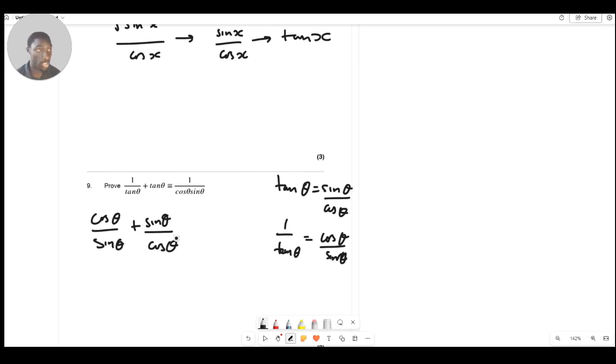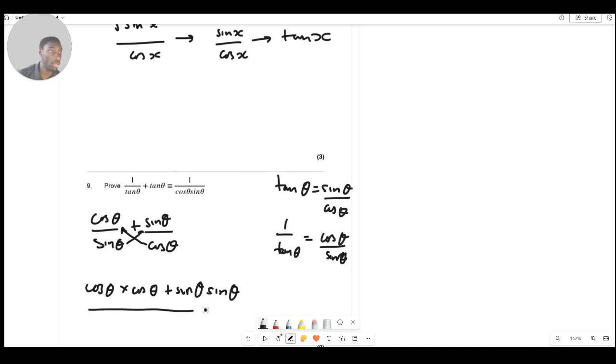Now, as we've done in the previous question, I want to have the same denominator, so I can do cross multiplication with these two fractions. So I'm going to have my cos theta multiplied by my cos theta and my sine theta multiplied by sine theta, and my denominator is going to be cos theta sine theta. So cos theta times cos theta plus sine theta times sine theta over sine theta cos theta.